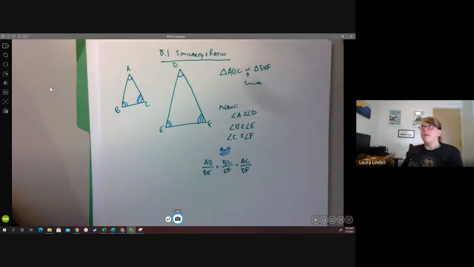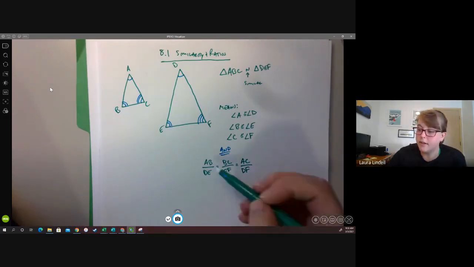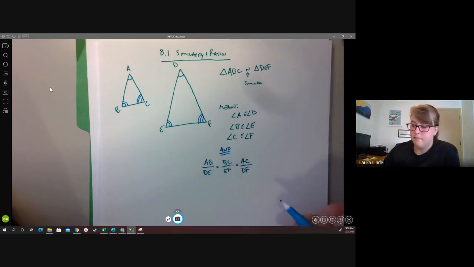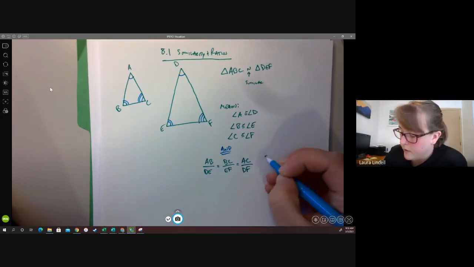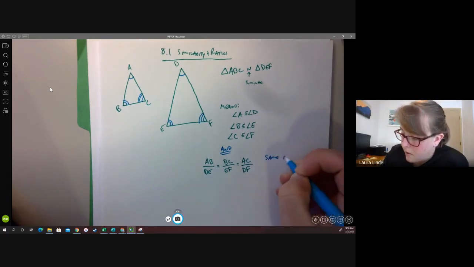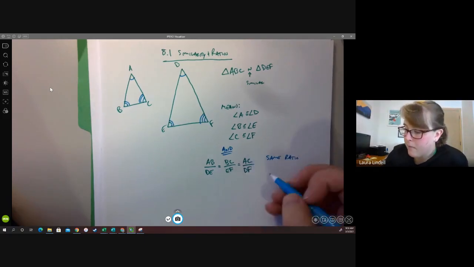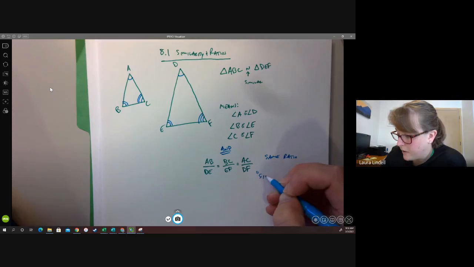If we were thinking of this in terms of dilation, this ratio would be the scale factor. Okay. So, oops, drop the pen. It's the same ratio. And this ratio has a name, it's called the similarity ratio.